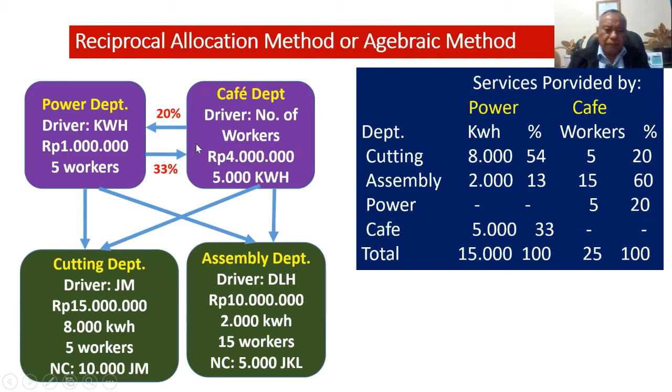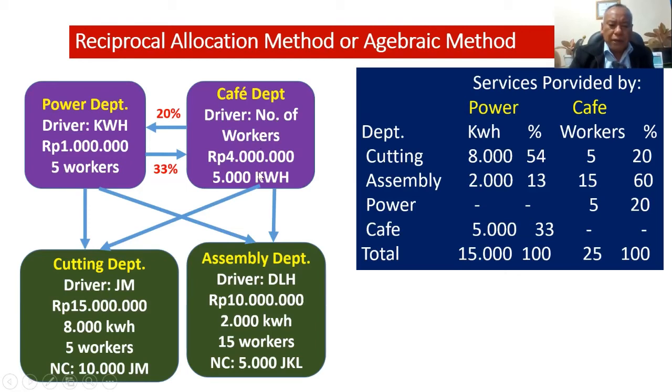And then, how can we make the algebraic equation? Power has a cost of 1 million, plus getting allocation from cafe 20%. So we can make the equation 1 million plus 20% of cafe.